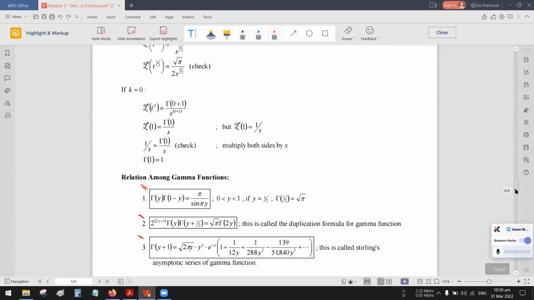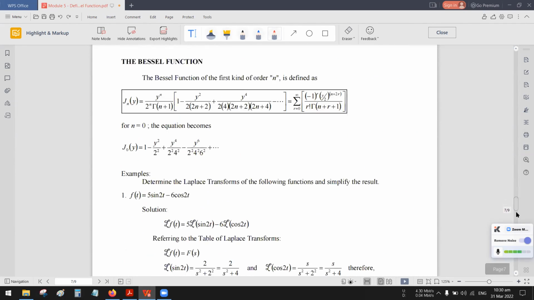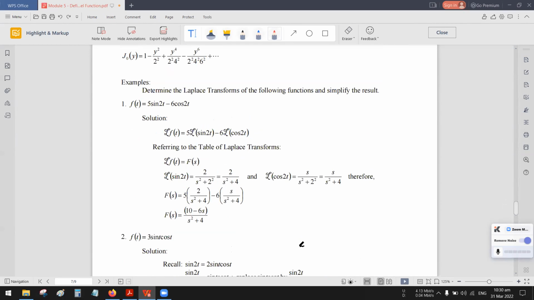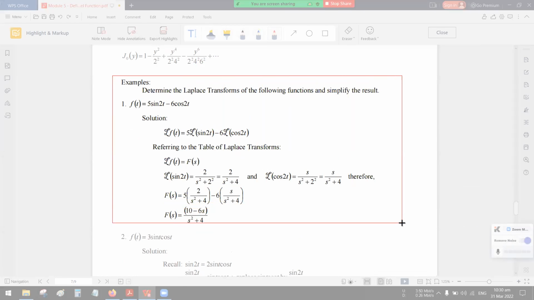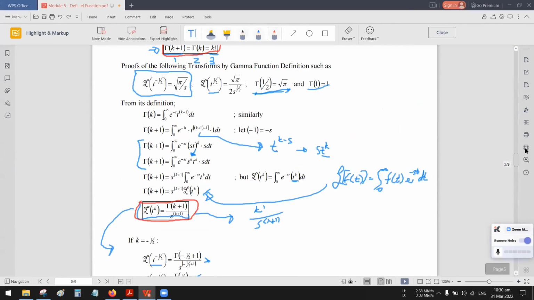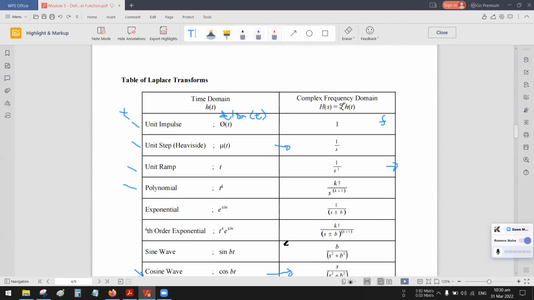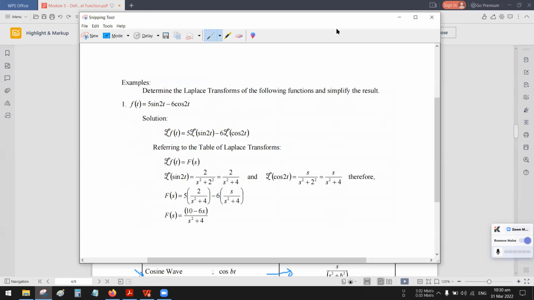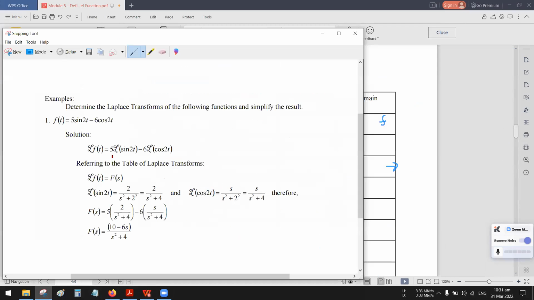So with the given, tingnan natin. Ayan. So, snip ko muna to. Ayan. Then, punta tayo dun sa table. Ayan. So, ito yung given natin. This is the given. So, you have your 5 sine 2t.